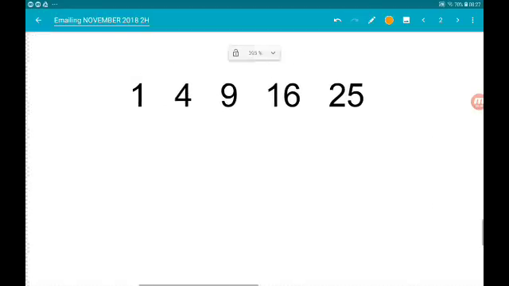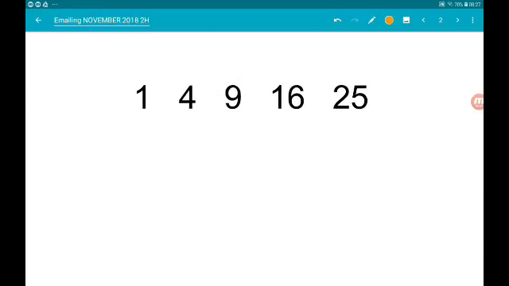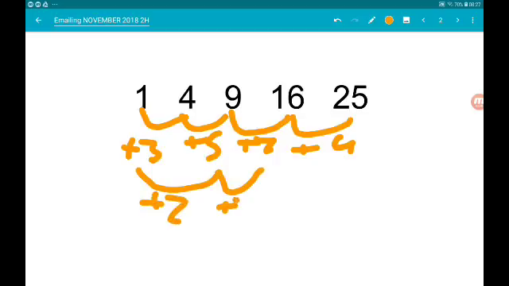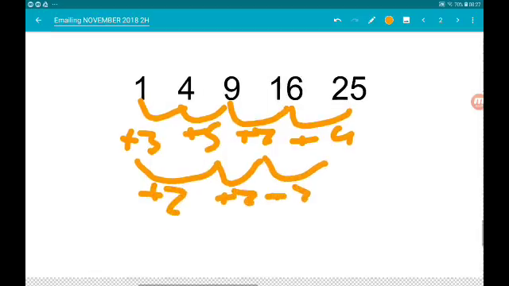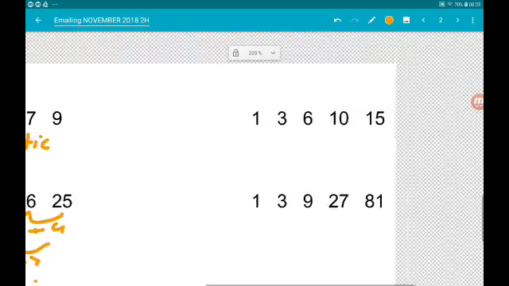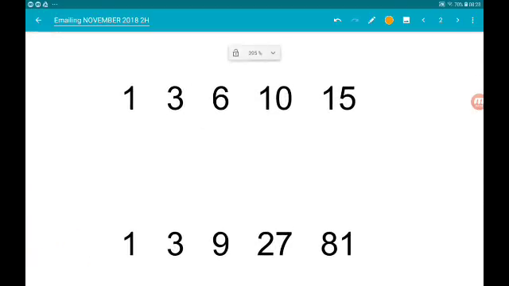1, 4, 9, 16, 25. Hopefully you recognise these as square numbers. Now, to get from term to term, the differences change. If we look at the second difference, we're adding 2. So this is a quadratic sequence. Now the same is true for the top right, 1, 3, 6, 10, 15.